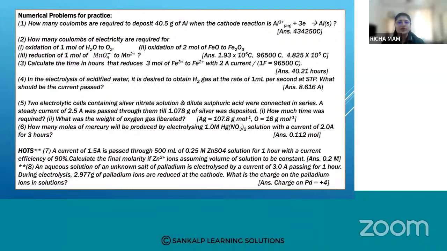This is based on Faraday's second law of electrolysis. Start to solve.